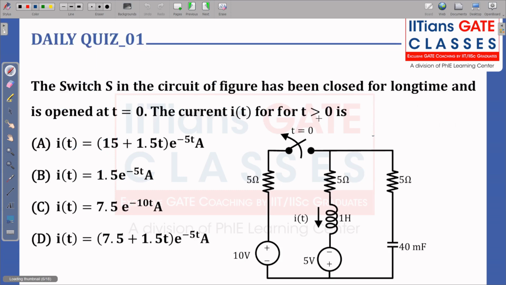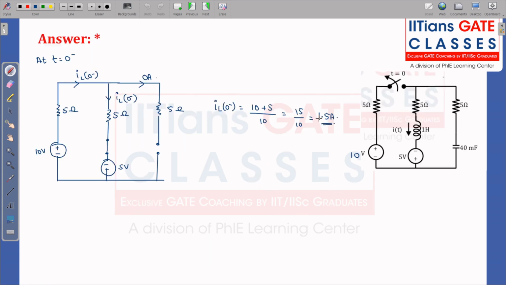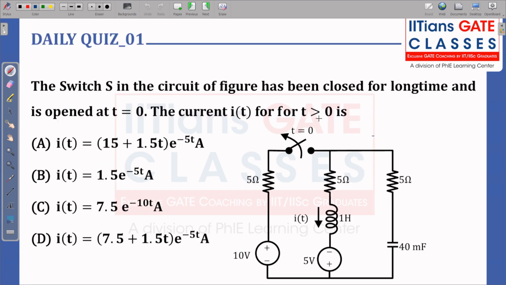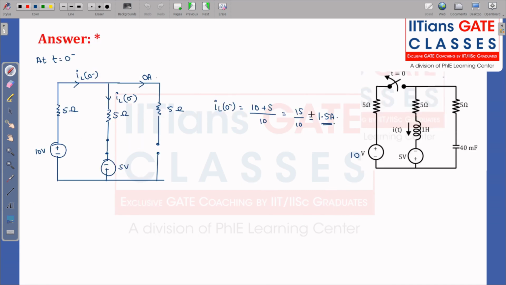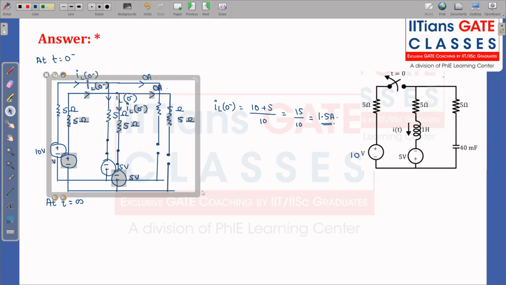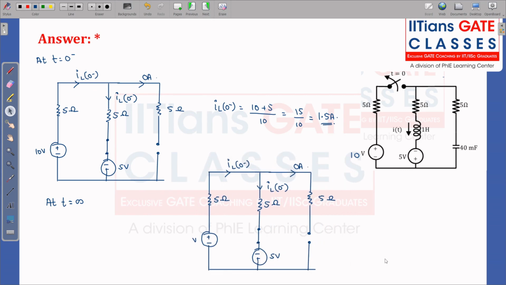Now look very carefully. We need to find, for t greater than 0, what will be the current. So now at t equal to infinite, what will happen? See, look at this only.